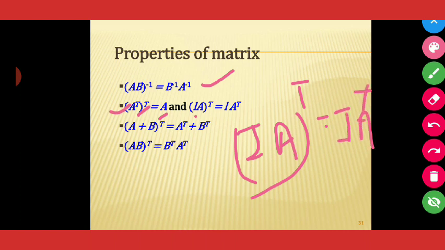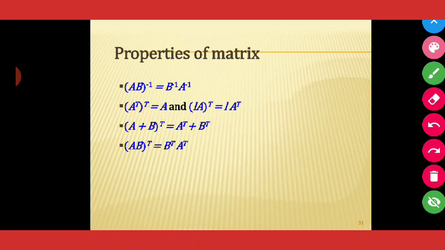As you know, transpose of identity matrix is itself an identity matrix. Next, A plus B transpose equal to A transpose plus B transpose, and AB transpose equal to B transpose into A transpose.